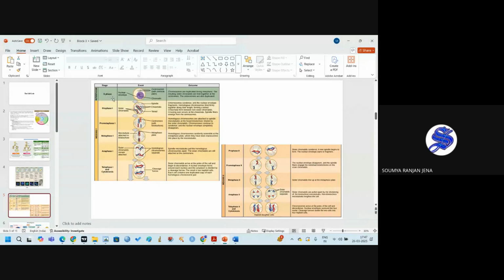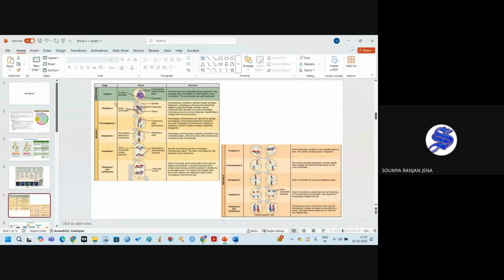Now, in the interphase process, the chromosomes are duplicated, and the resulting sister chromatids are held together at the centromere, and the centrosomes are also duplicated, like this one centrosome and another one centrosome.